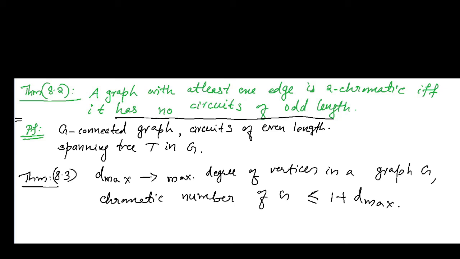Okay. Now a graph G is called bipartite if its vertex set V can be decomposed into two disjoint subsets V1 and V2 such that every edge in G joins a vertex in V1 with a vertex in V2.